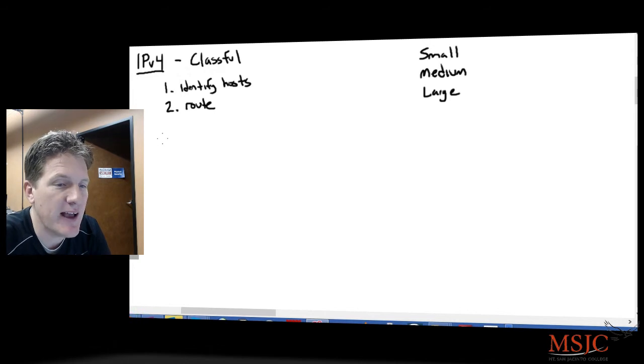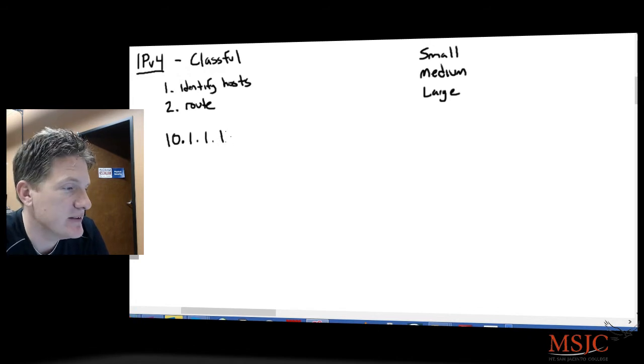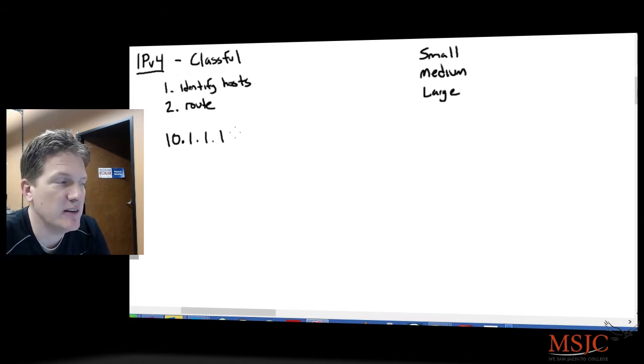So as we talked about last week, if you have an IP address such as 10.1.1.1, there must be a way to delineate in this address which portion belongs to the subnet or network and which portion belongs to the host.